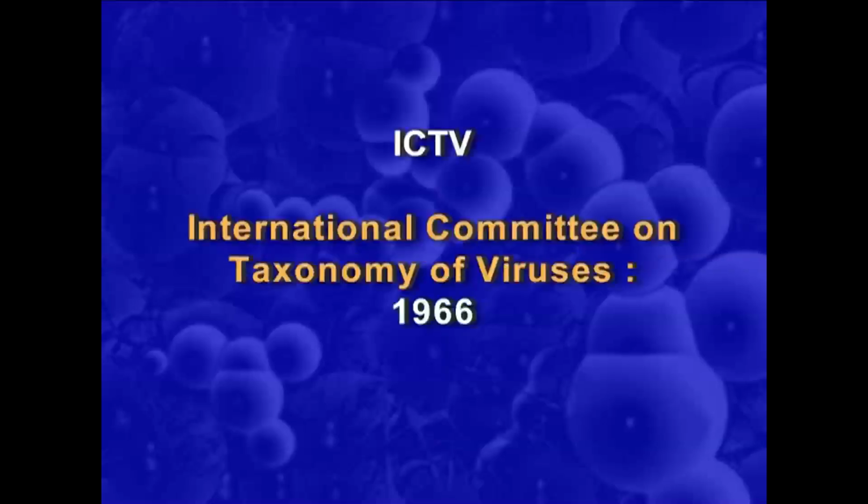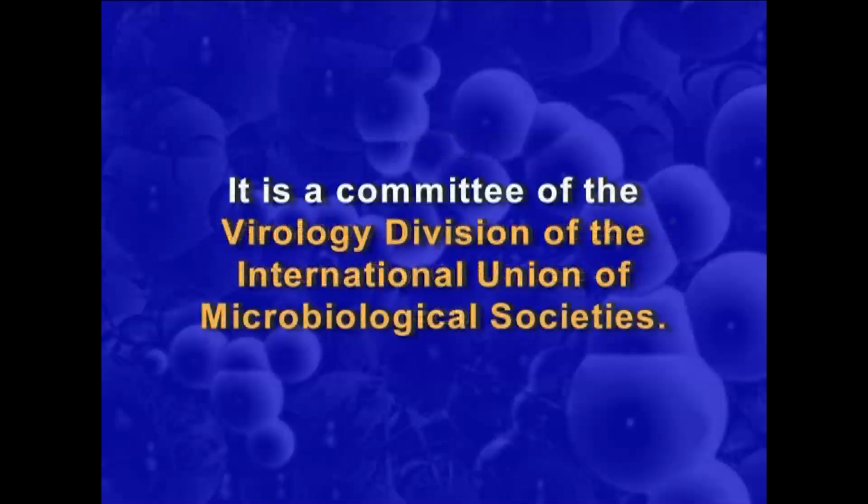Then in the year 1966, the International Committee on Taxonomy of Viruses, called ICTV, was formed. It is a committee of the Virology division of the International Union of Microbiological Societies. The speciality about this classification system was that they used to meet every 4 years, and they reanalyze the data that they have procured, and if necessary the places of the viruses were changed.